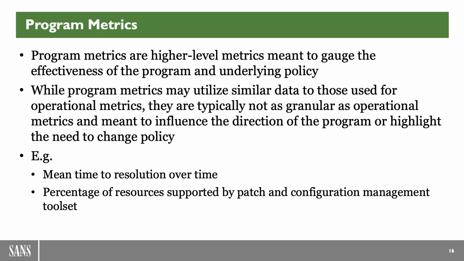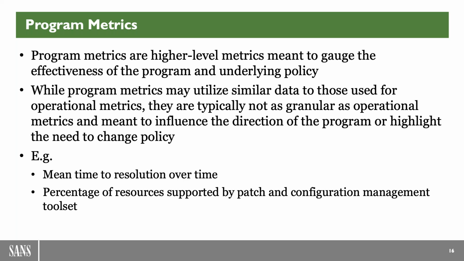Some examples of what we mean by program metrics are, as an example, mean time to resolve over time. What's my rolling average of how fast I'm actually able to resolve the problems as they're coming into my environment? It's not telling me in this example that I'm doing really well on the Windows side and not so well on the Linux side, or on sub-applications like Java and so on.